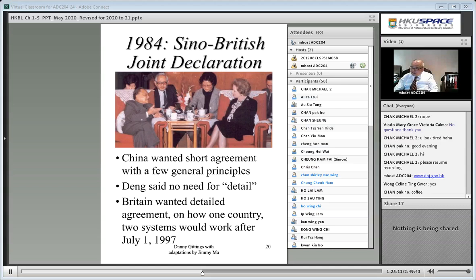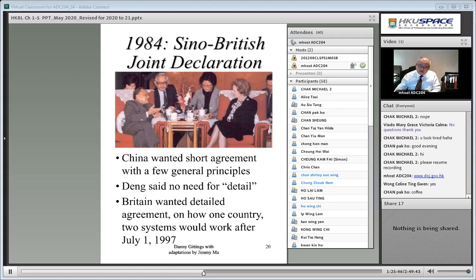Let me double check. The main provisions, they have 8, right? Only 8. And of course the annexes, especially the one on the Basic Law elaboration, are much longer. And Deng Xiaoping didn't want details. Or China on mainland, I beg your pardon.